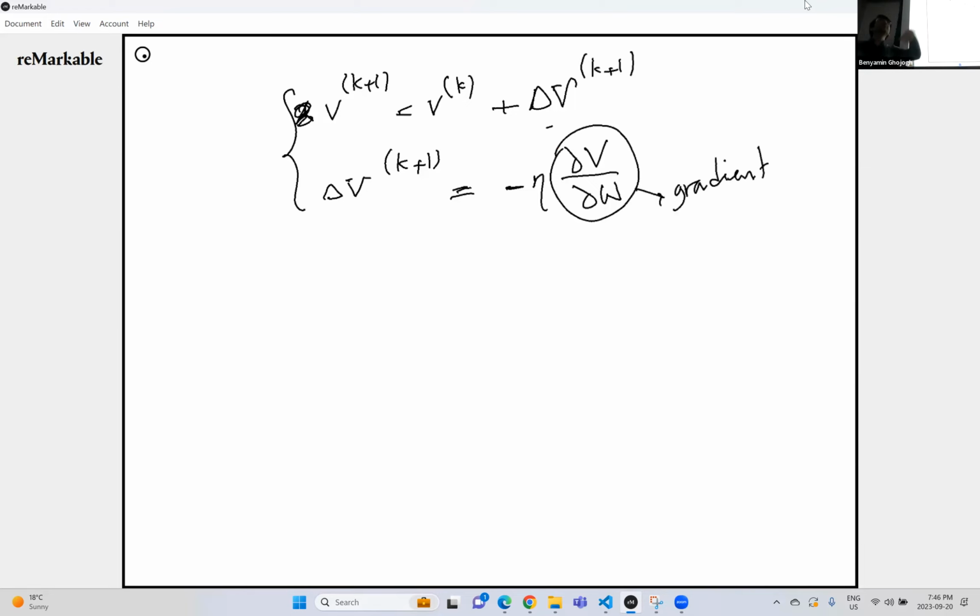But gradient descent with momentum, what is that? It says rather than using this, use this. You see the difference? By the way, with some parameter, some weight, alpha.